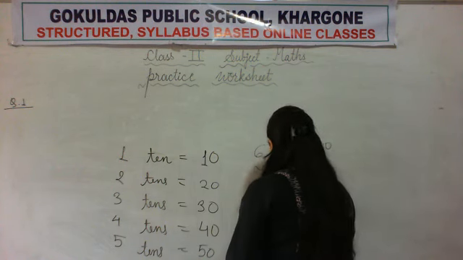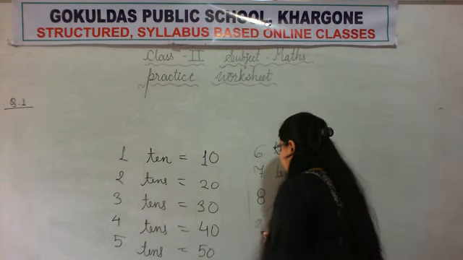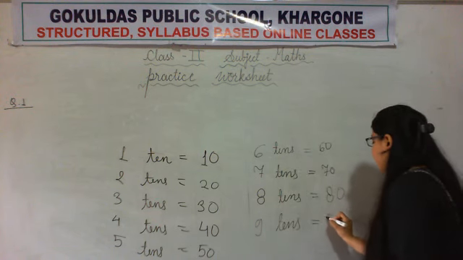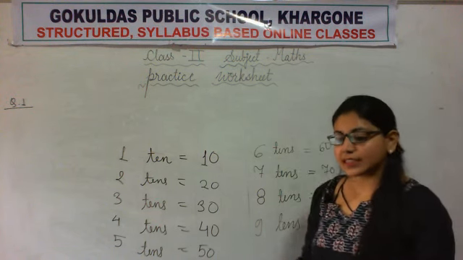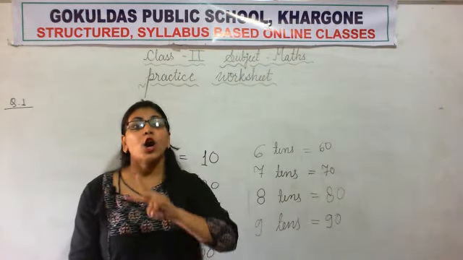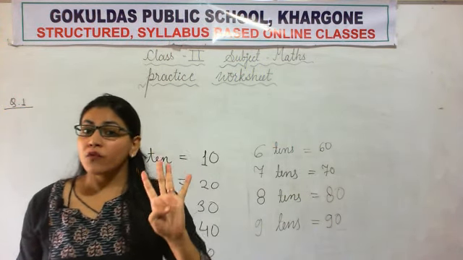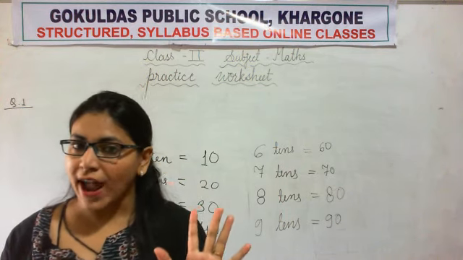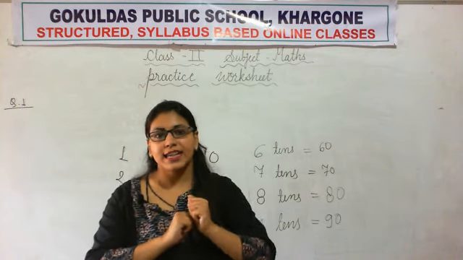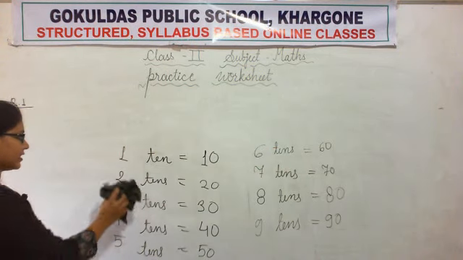Very good. 8 tens means 80. And 9 tens means 90. Very good all of you. And 10 tens means 100. Okay, so 1 ten means 10, 2 tens 20, 3 tens 30, 4 tens 40, 5 tens 50, 6 tens 60, 7 tens 70, 8 tens 80 and 9 tens 90.